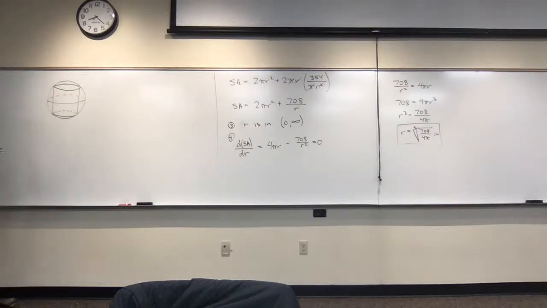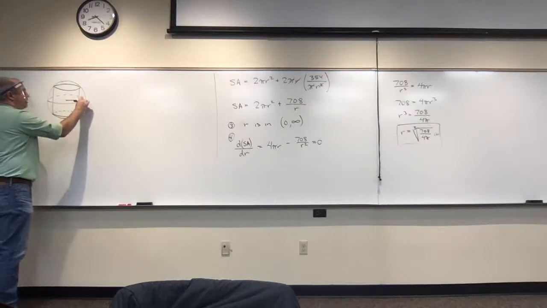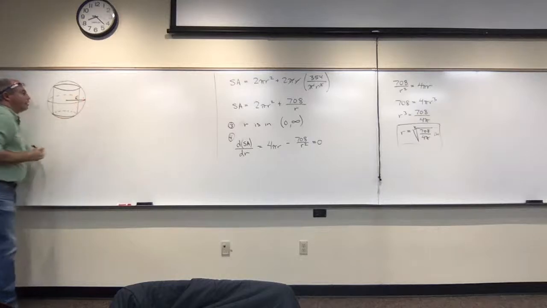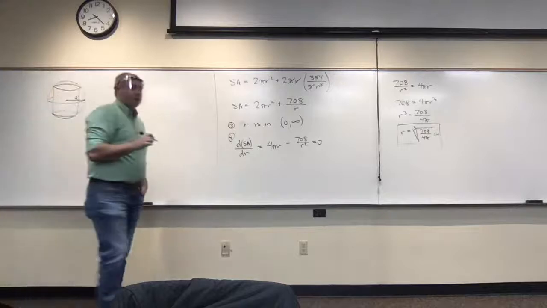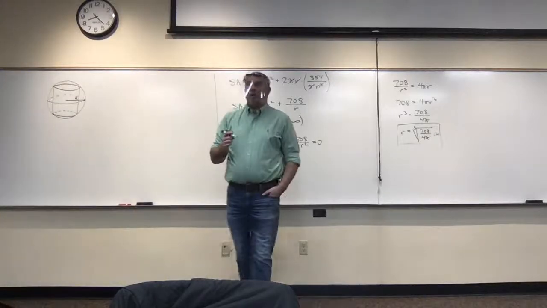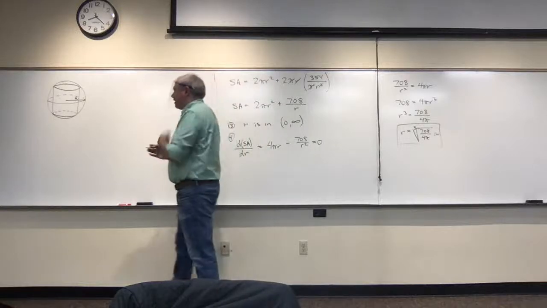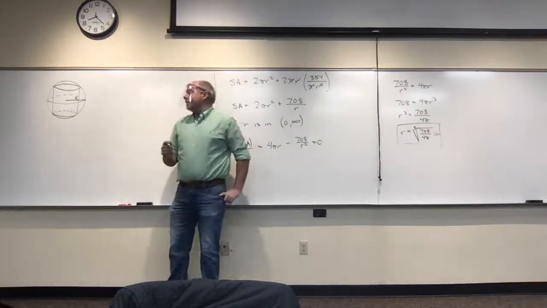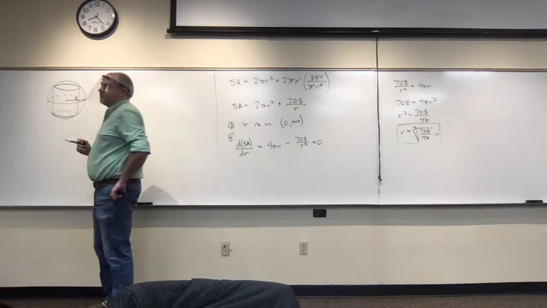Okay, so what we know is that this sphere from here to here, that's capital R, and that's a fixed value. That's not a variable, right? Capital R could be 3, capital R could be 7, but it's just some number. And then we've got this cylinder that's sitting inside the sphere.